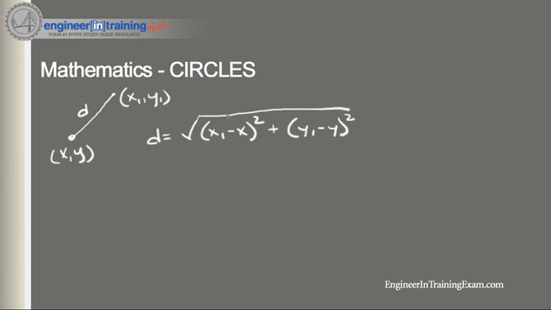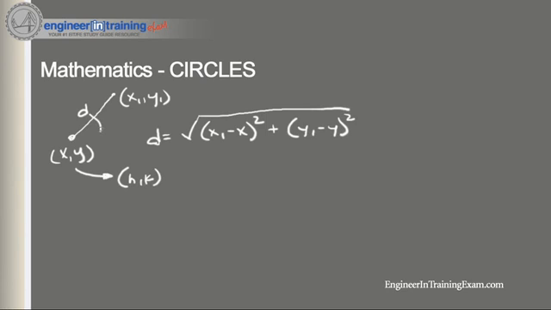Now a circle, or the equation of a circle, is just a reiteration of the distance formula all the way around. It is telling us that each point on the outside of a circle is a fixed distance r from a central point h, k. So let's call x, y here our central point h, k.